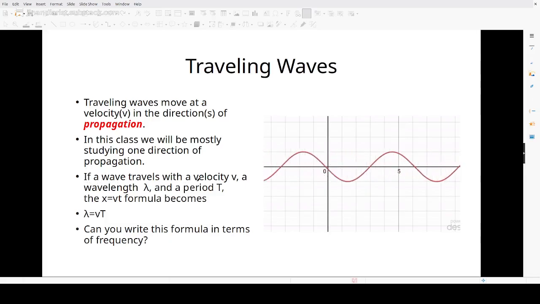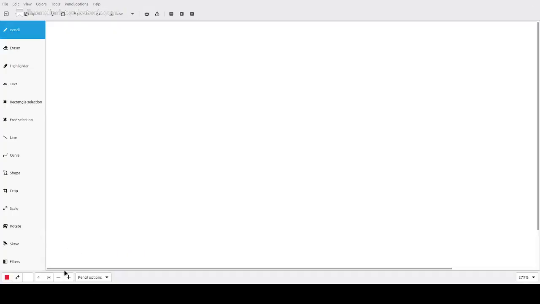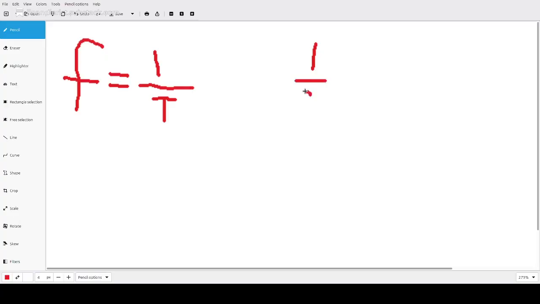If a wave travels with a velocity v, a wavelength lambda and a period T, the formula x is velocity times time gives lambda is velocity times the period. Can you rewrite this formula in terms of frequency? Let's do that. The frequency is the reciprocal of the period. If the period, which is a time, is in seconds, the units of frequency are reciprocal seconds.